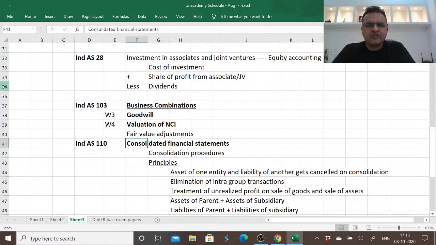If it does, it is mandatorily required to present consolidated financial statements, in spite of being in dissimilar businesses. In presenting consolidated results, we need to follow the consolidation procedures mentioned in Ind AS 110.